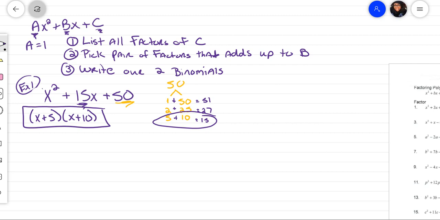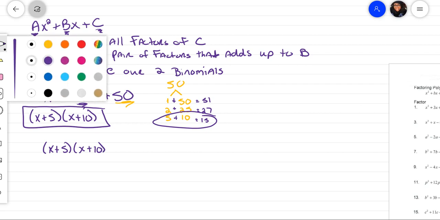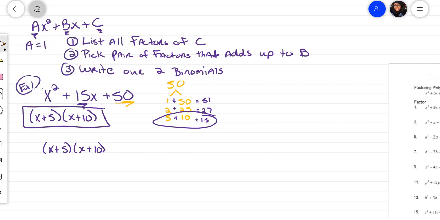Now, you do not have to check it, but just so you know that this would work, you could go back and check this via multiplication. You would take your answer and easily check to see if you got the right answer. You would just FOIL it back out. Some of you were taught FOIL, some were taught to distribute, some were taught the box method.